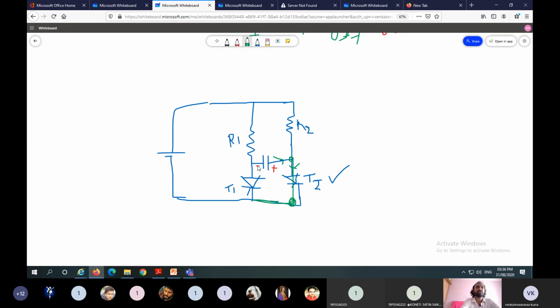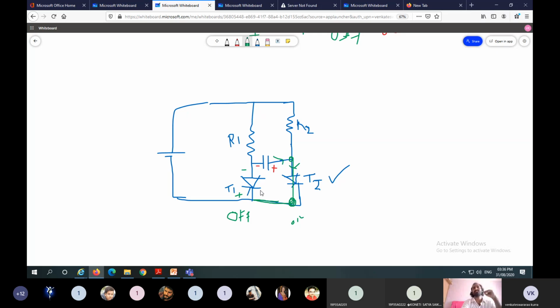So here the anode voltage is negative and the cathode voltage is positive. So negative voltage appears across T1, so T1 will be in off state.